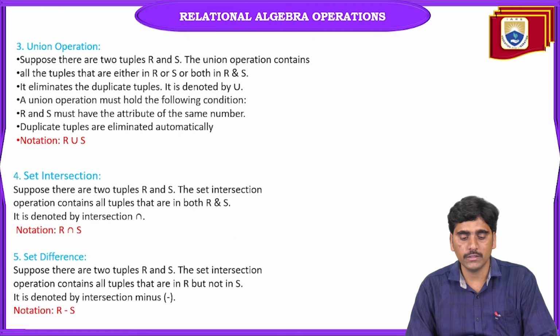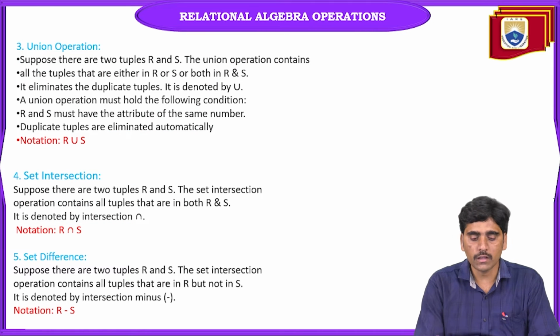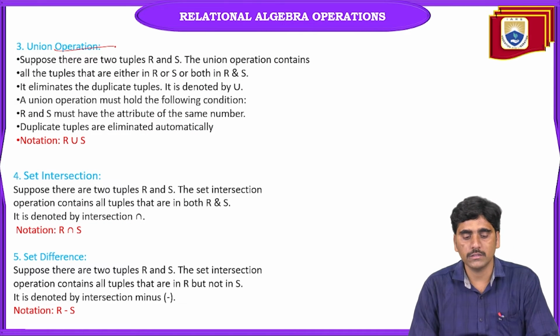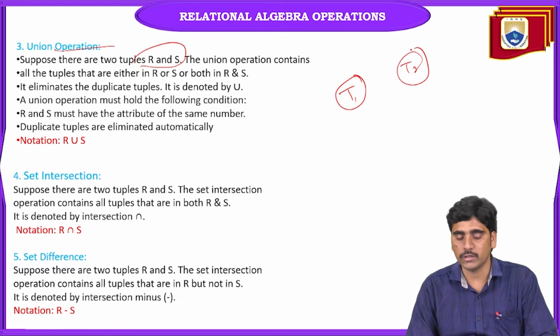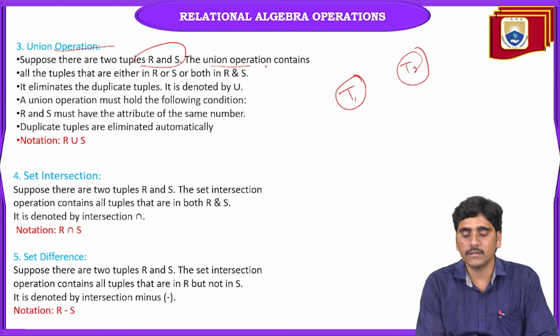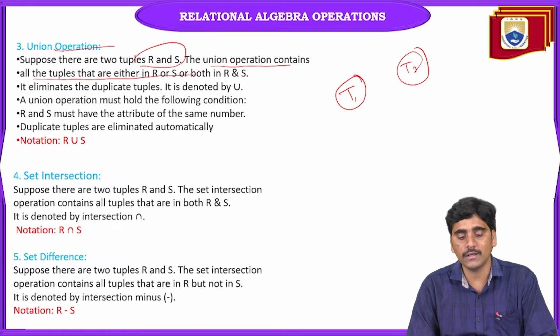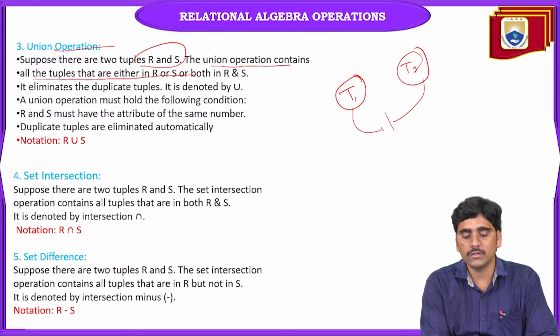And the next one is what? Union operation. Suppose there are two relations R and S, or like T1 and T2. These are the two tables, or two tuples, you can say anything. The union operation contains all the tuples that are either in R or S, or in both R and S. So when you perform the union operation, it retrieves all the values from the two relations, and it eliminates the duplicate tuples.